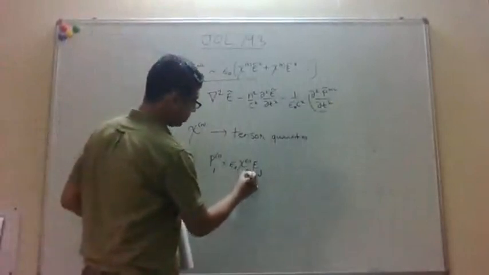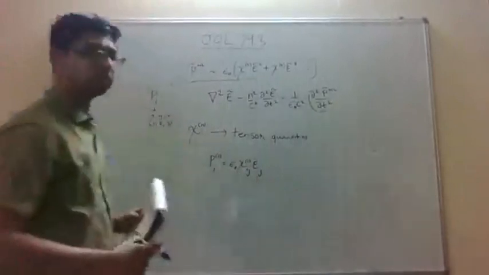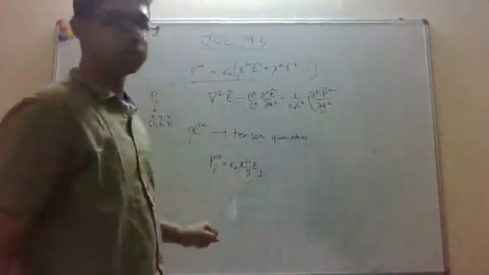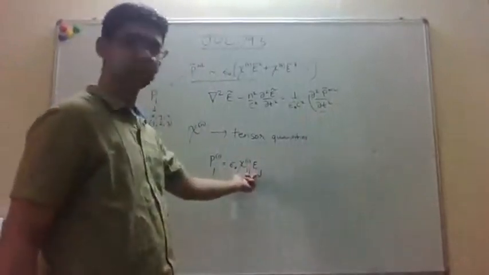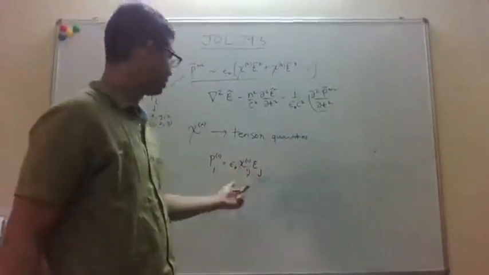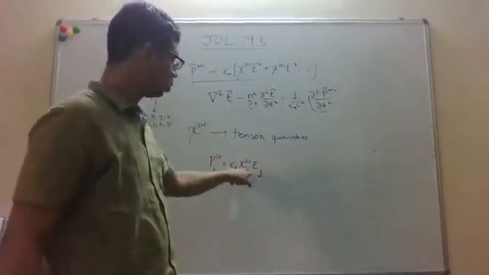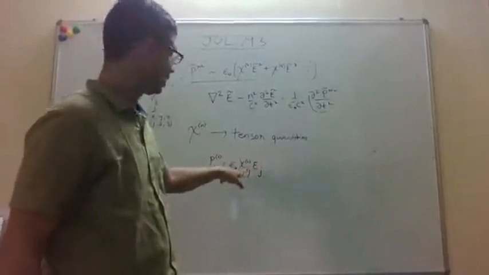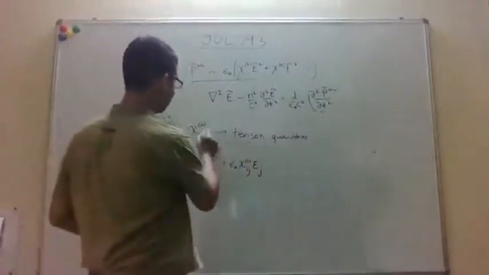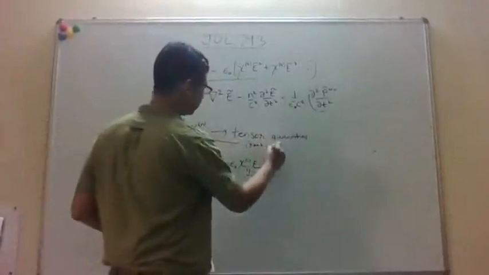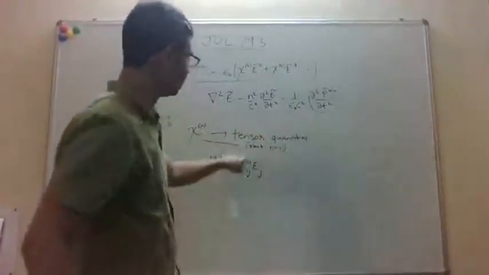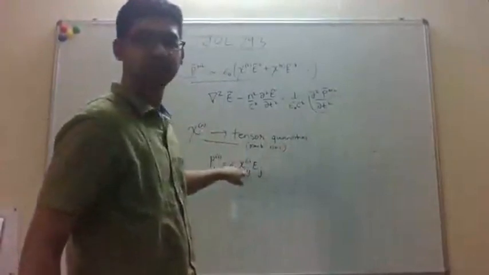So the susceptibility would have indices ij. So the susceptibility has two indices now, so it's a tensor of rank 2. Rank means the number of indices. So chi n is a tensor of rank n plus 1, and the first order susceptibility has two indices.